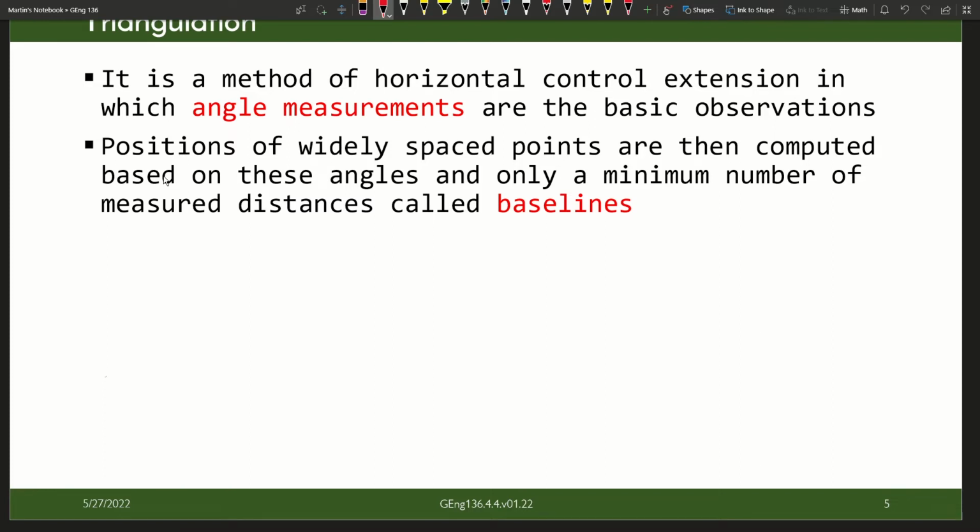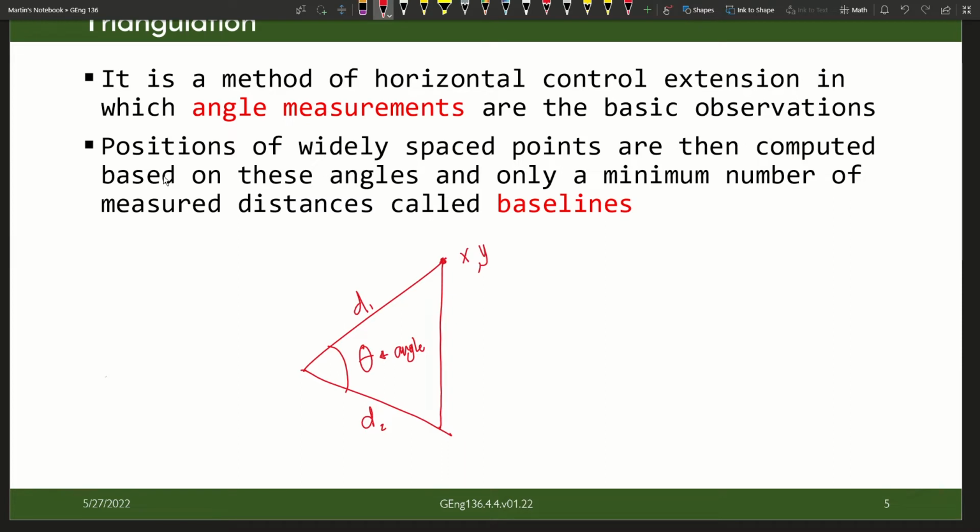It allows surveyors or engineers to observe longer distances by just observing the angles. But since it involves angles, it must have a geometrical figure. If we have this figure, then we can solve for its other unknowns such as points, sides, and so on.